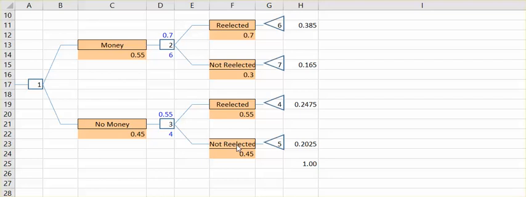Yes, it's more involved, it takes longer, but with a tree diagram you are going to know immediately what the various outcomes happen to be.